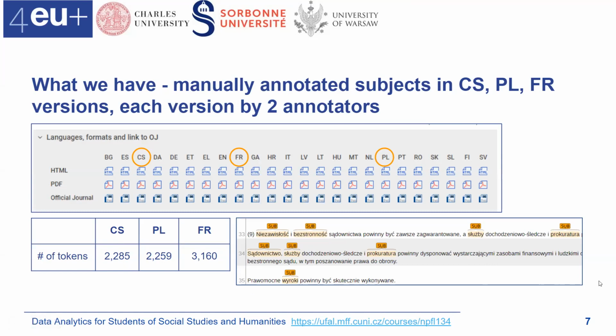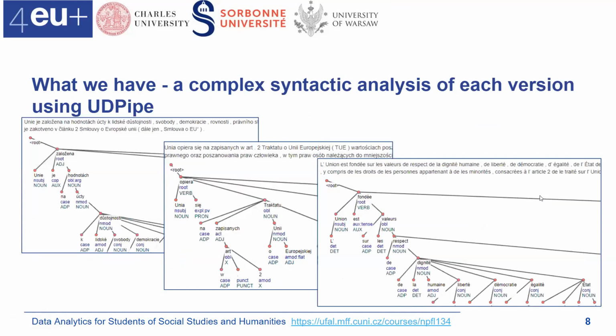And this figure illustrates the brat editor and subject annotation in this editor. We also processed these 3 versions automatically using UDPipe. I really appreciate the work done by Jirka Mírovský. He processed actually all the language versions of the regulation.